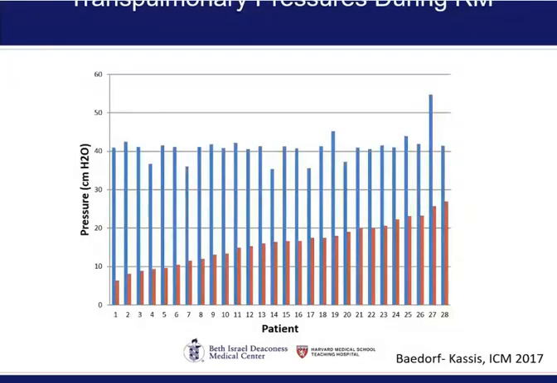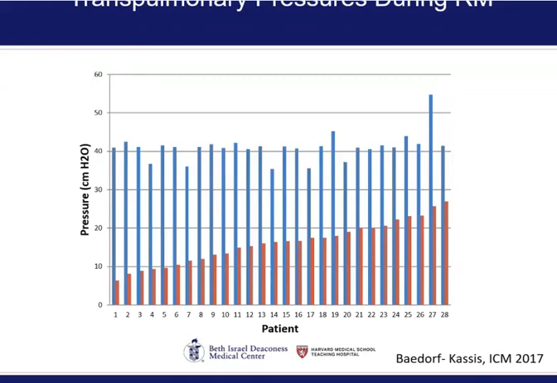That got us to thinking, and we reanalyzed the data from the recruitment maneuvers in our EPVent study. In the blue columns, you see the airway pressures, and in the red columns, you see the transpulmonary pressures. And then we ordered them based on the transpulmonary pressure. So you can see everybody got a standardized recruitment to 40 centimeters of water for 40 seconds in this trial.